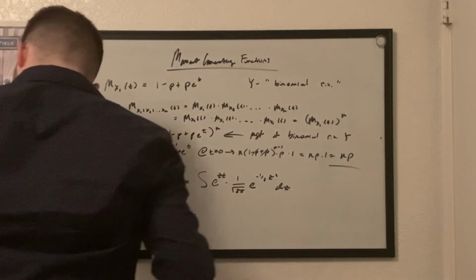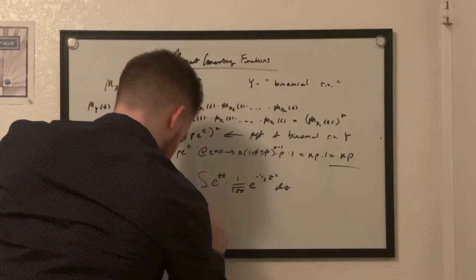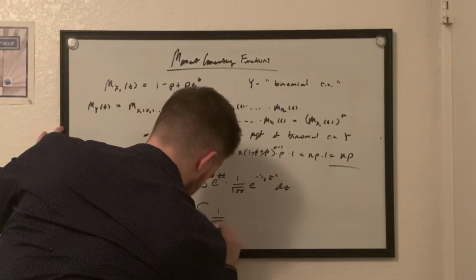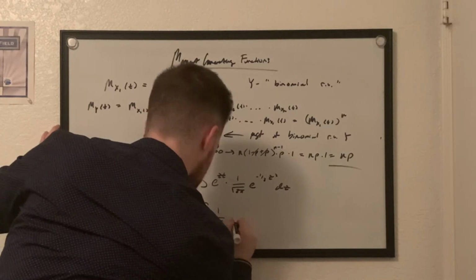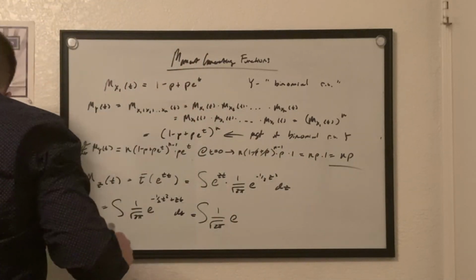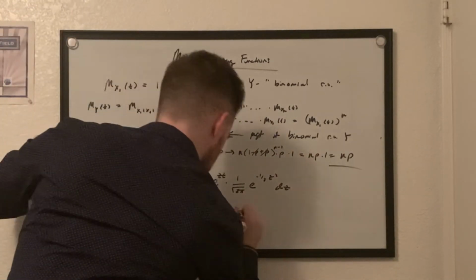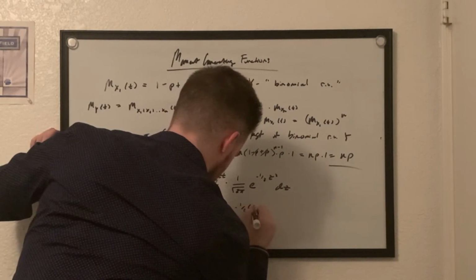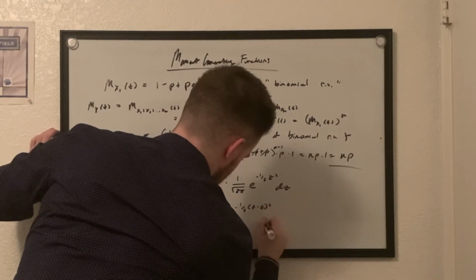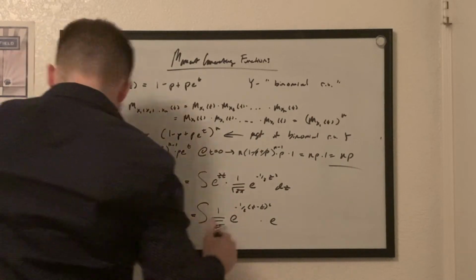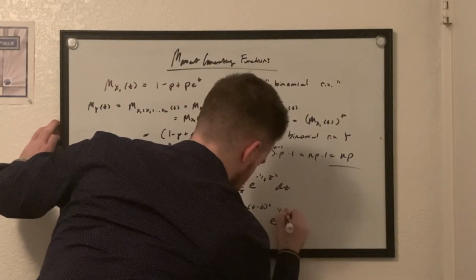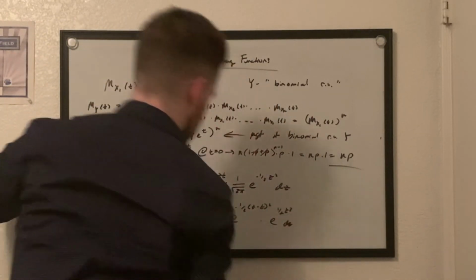And then we can rewrite this as 1 over square root 2 pi e to the minus 1/2 (z minus t) squared times e to the 1/2 t squared, dz.